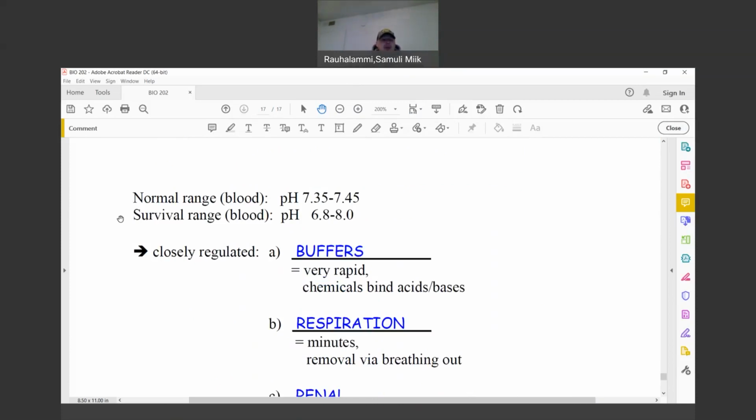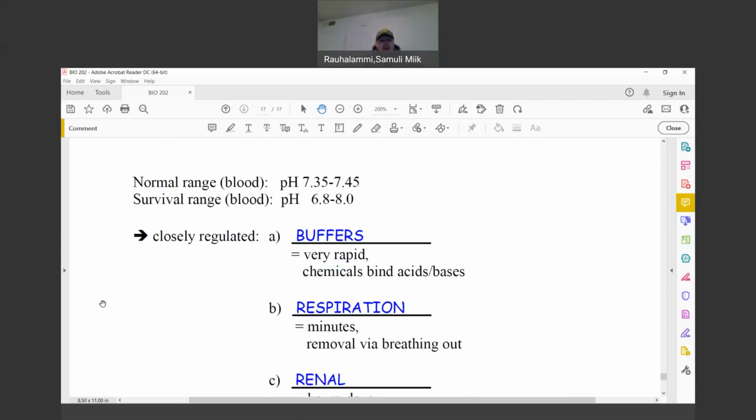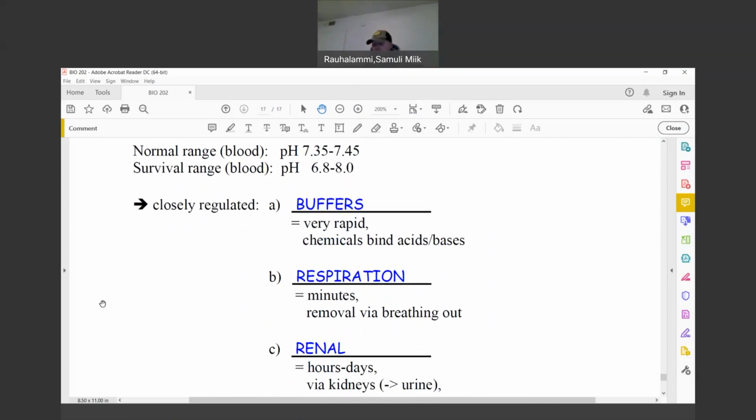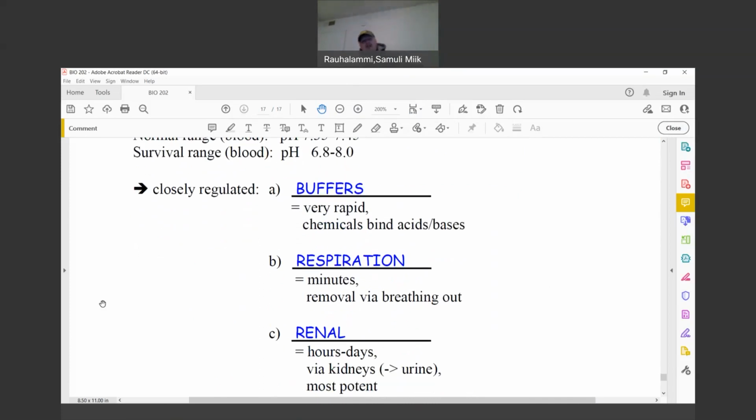Well, how is your body able to do this, maintaining the body pH within this narrow range? That's thanks to 3 different mechanisms that play a role. First of all, buffers are chemicals that bind to acids or bases, bringing the pH close to neutral, and they act very fast, with very immediate effects. The respiratory response takes minutes, so we remove materials through breathing out.